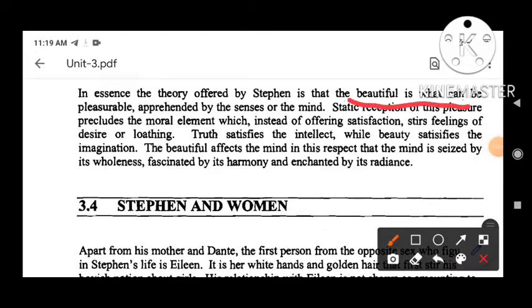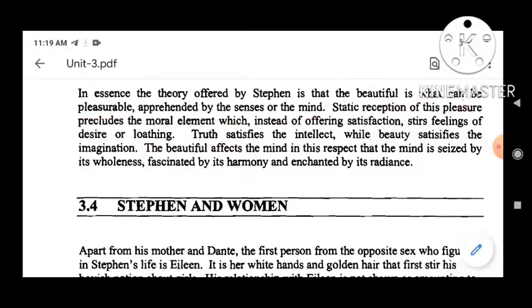Static reception of this pleasure precludes the moral element, which instead of offering satisfaction stirs feelings of desire or loathing. Truth satisfies the intellect, while beauty satisfies the imagination. The mind is seized by its wholeness, fascinated by its harmony and enchanted by its radiance.